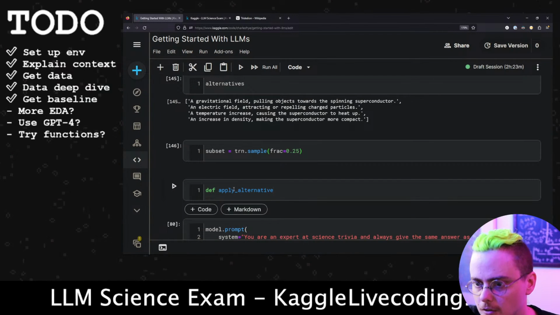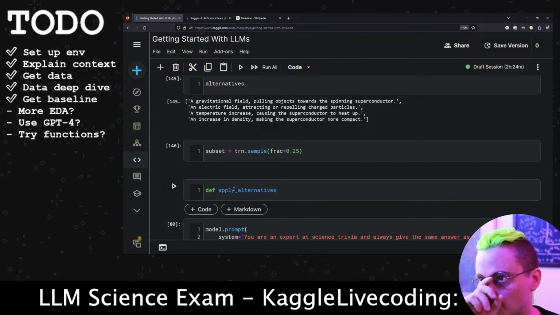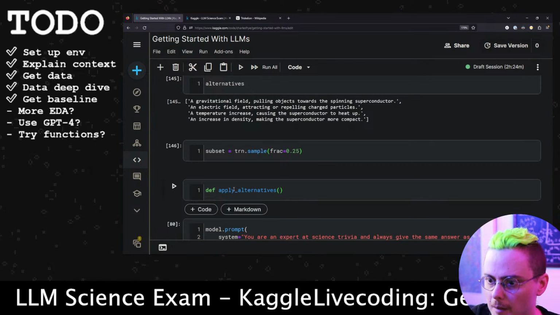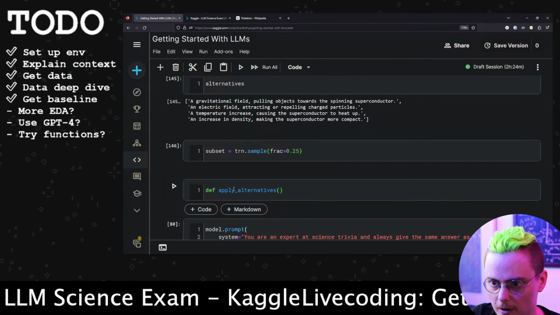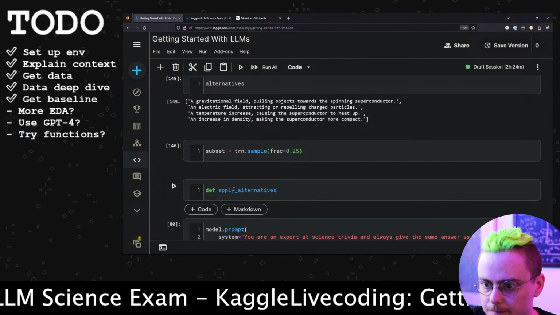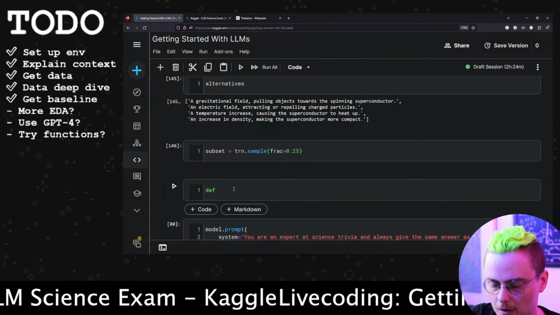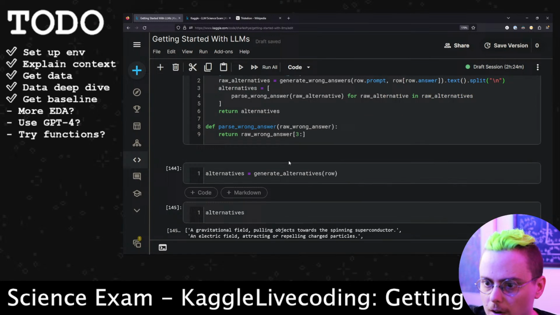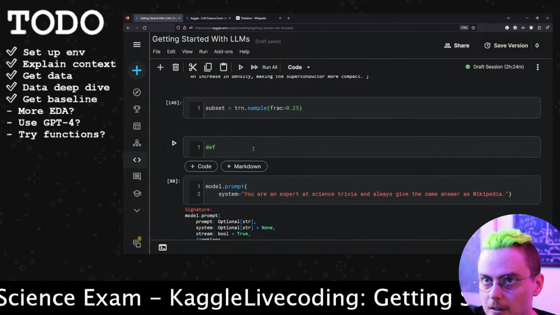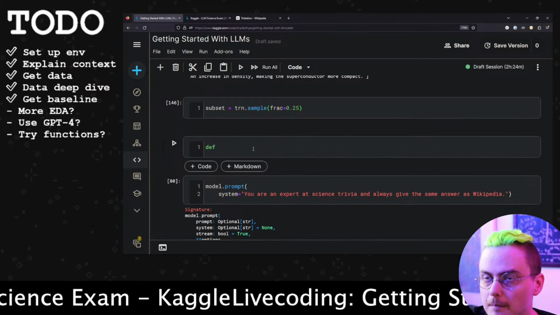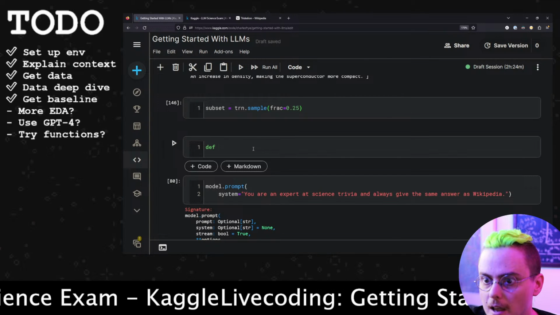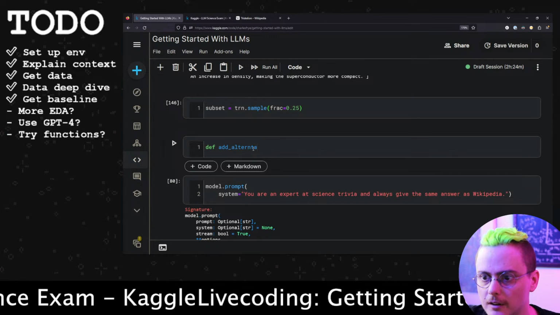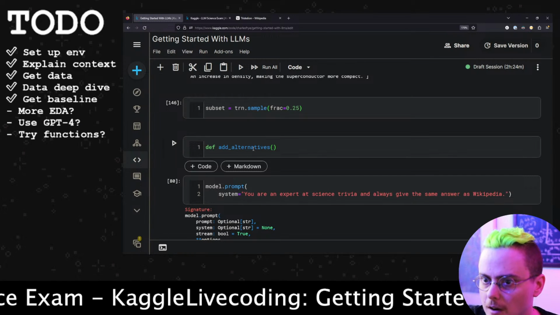The cheap and dirty way to do it would be to use the pandas apply method of a data frame. We're actually pretty close with generate alternatives for row. The last thing that we need to do is come up with names for the columns. So add alternatives is really what we're doing here.